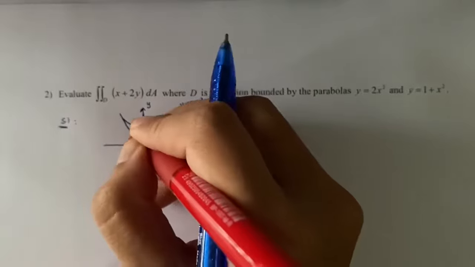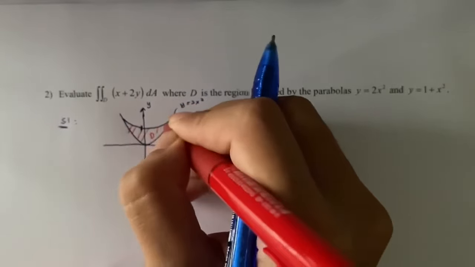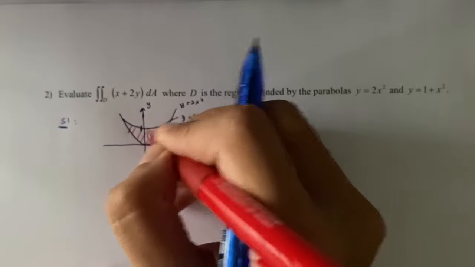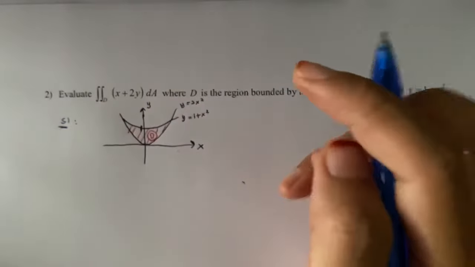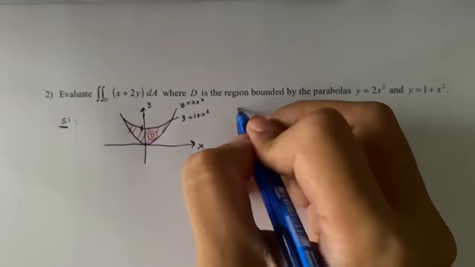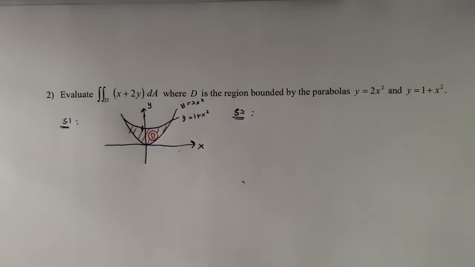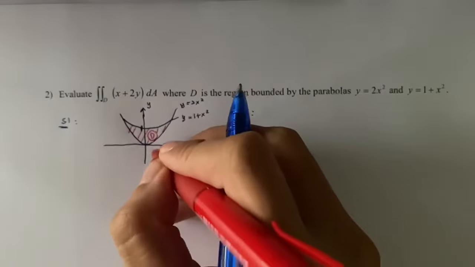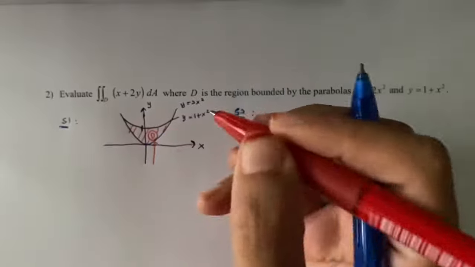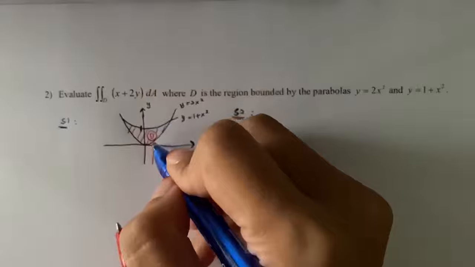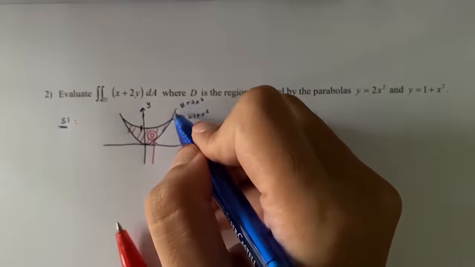So the region D is here. Label the region D. Okay, so this is the region. And then moving to the second step. Use the vertical line. So you enter the region from here. So this is your lower limit of y.